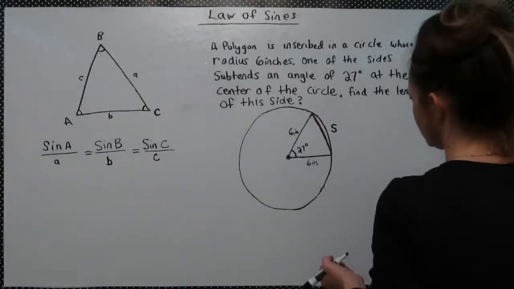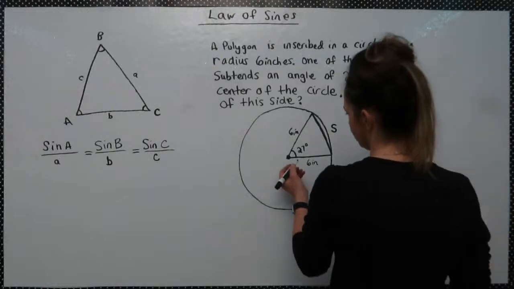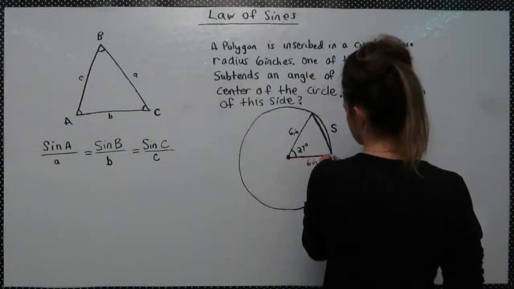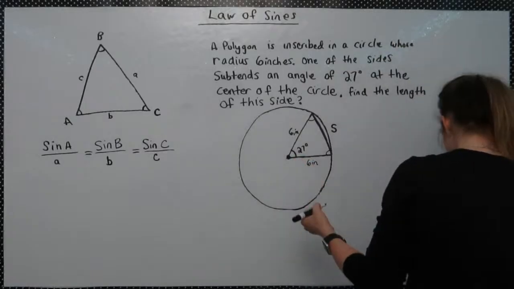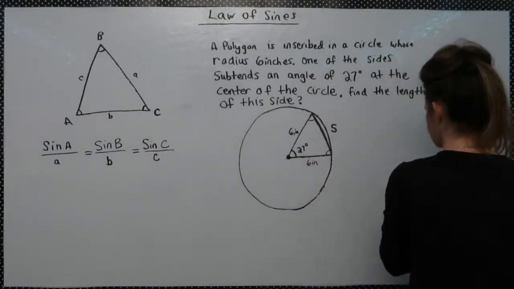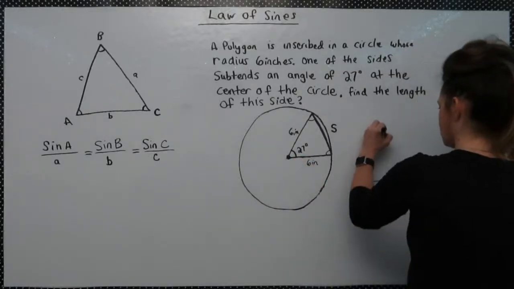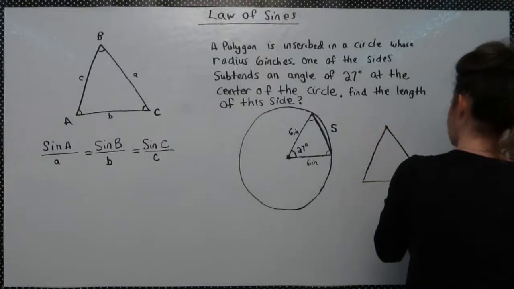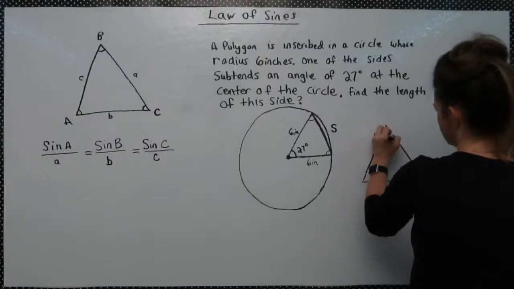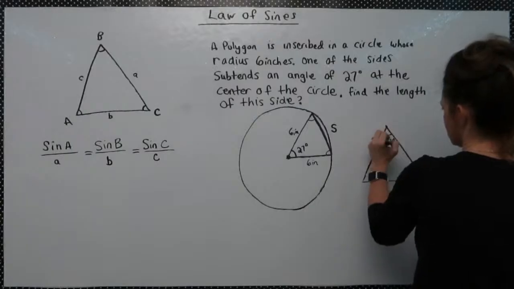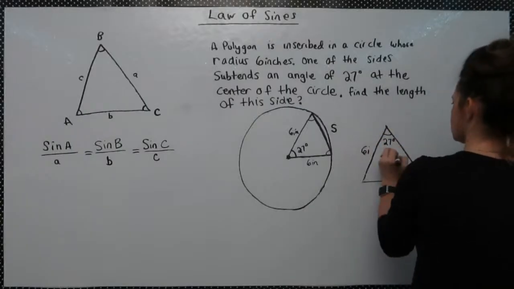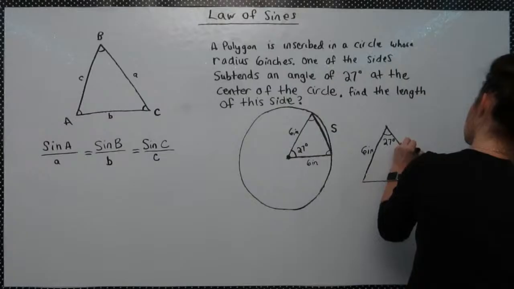And then since I have this triangle here, I'm going to redraw it here. So I have this thing. This one is 27 degrees. And this is 6 inches. And this is 6 inches.